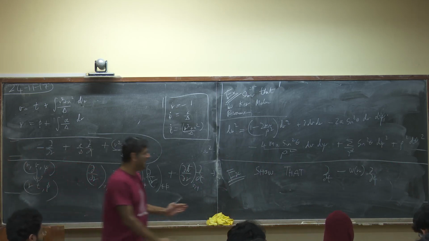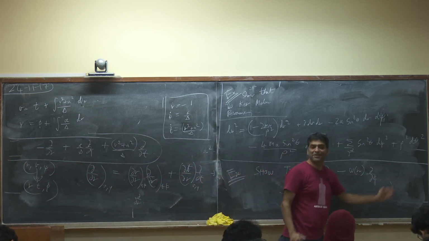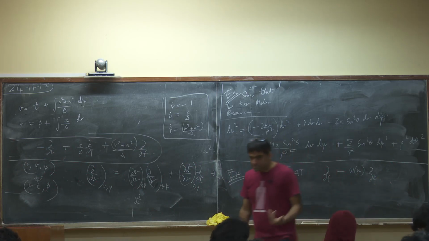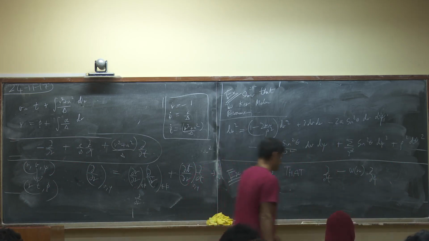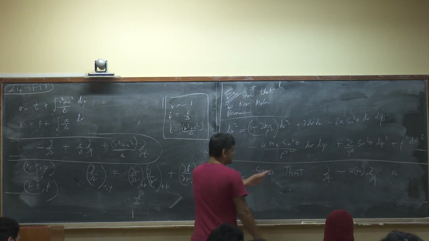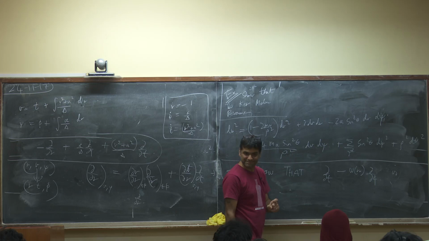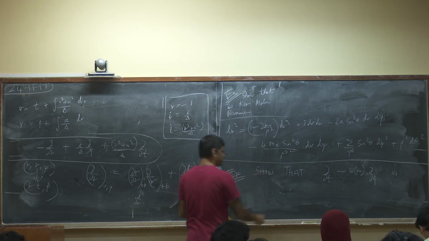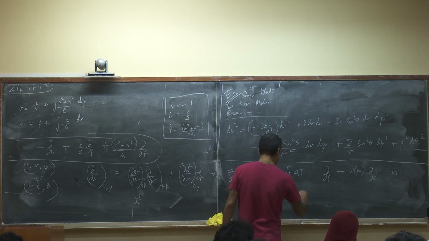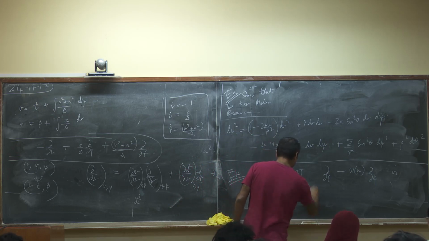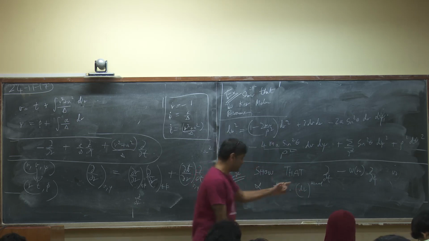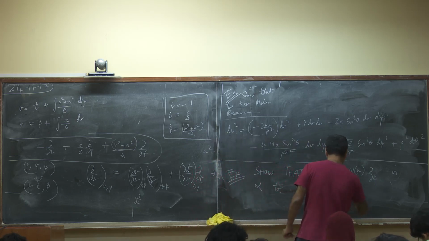Though I'm saying del by del t and del by del phi, when you actually show it, you'll use del by del v and del by del psi. This is clearly a Killing vector field. It's proportional to dr raised at the event horizon.